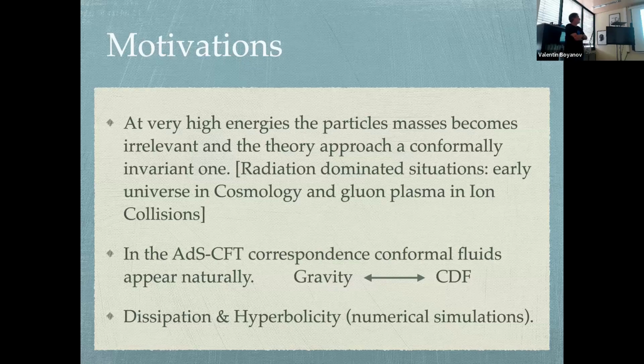And this is important either in early cosmology, in gluon plasmas, and I should add that there are many situations in astrophysics where you have an electron plasma at very high temperature, and so you are also very close to the conformal regime.